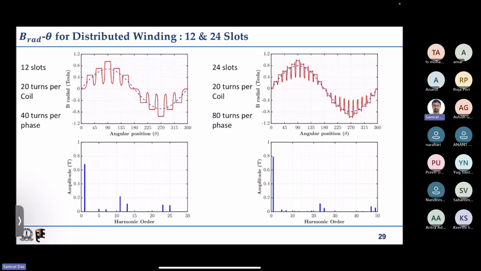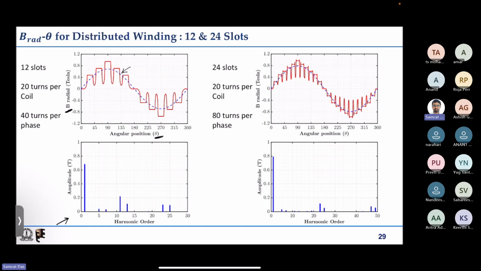So this is the comparison of the distribution of the radial component of B along the angular position, that is the space angle. I have also plotted, with blue dotted lines, the fundamental sinusoid component that we are interested in. The bottom plot gives a Fourier series.